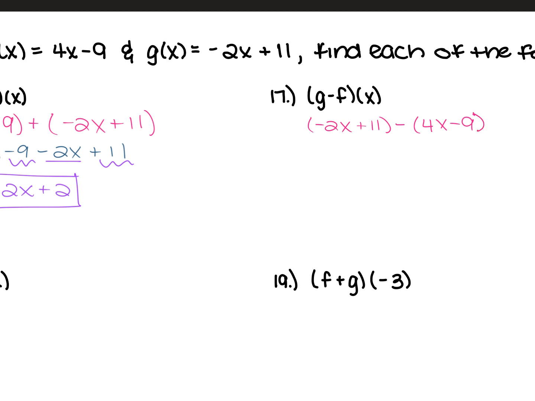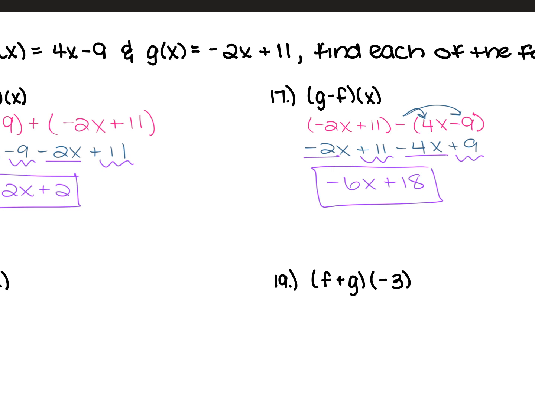This is going to give us negative 2x plus 11 minus 4x plus 9. Combine your like terms. The negative 2x minus 4x is negative 6x. The 11 plus 9 gives us 18. So that's negative 6x plus 18.